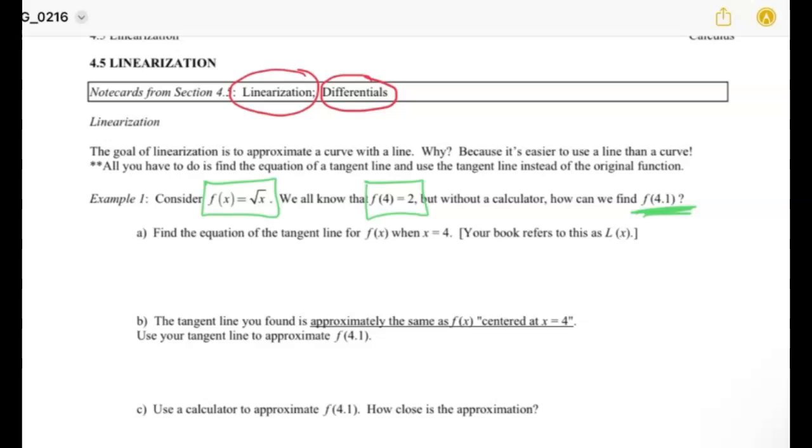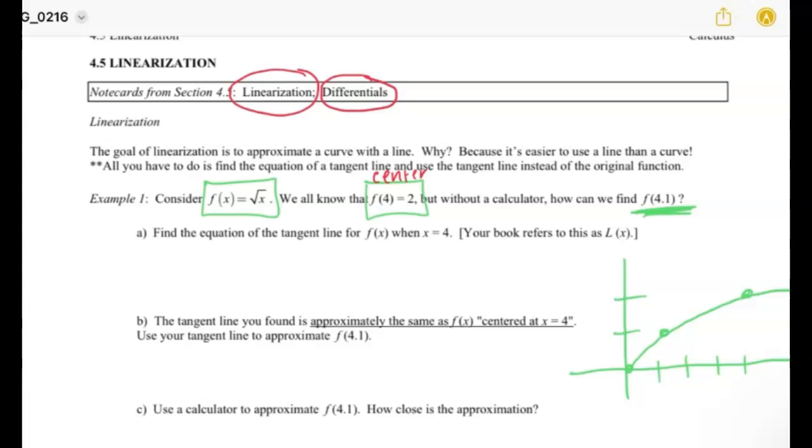So let's think of this as a picture really quick. The square root of x would look like this, just some curve like that. We're going to call this our center.